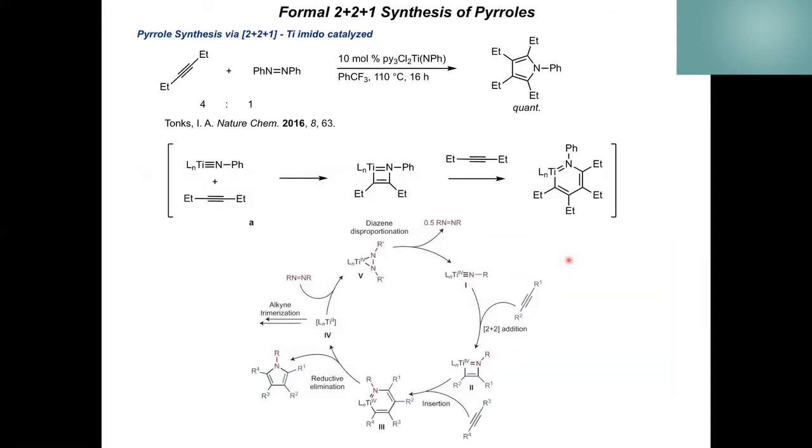And so in other ways that we can think about forming 5-membered rings via 2+2+1s, I wanted to highlight some recent chemistry coming out of the Tonks group at University of Minnesota, which showed that a titanium amido pre-catalyst is able to, using multiple equivalents of symmetric alkynes and these azo compounds, allow for the essentially quantitative synthesis of pyrroles.